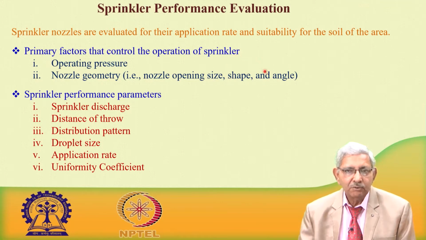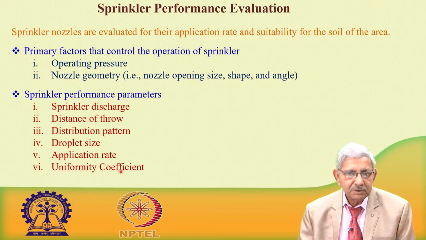Water emerging out of the sprinkler nozzle is influenced by the shape of the nozzle opening, and then by the angle of throw of the jet emerging from the nozzle, which is fixed at the time of manufacturing.